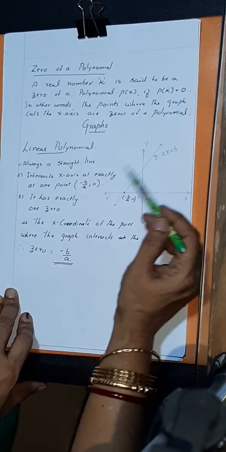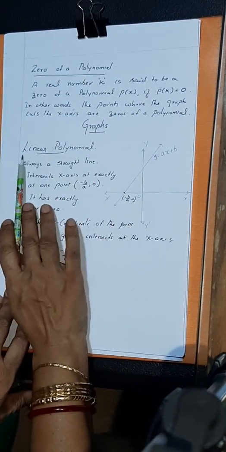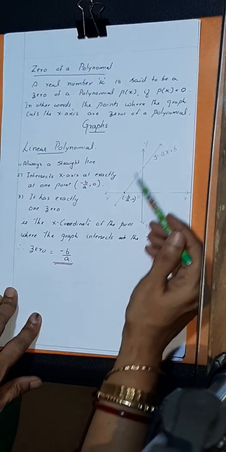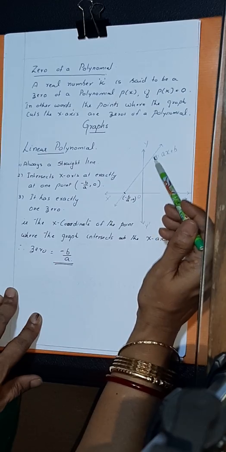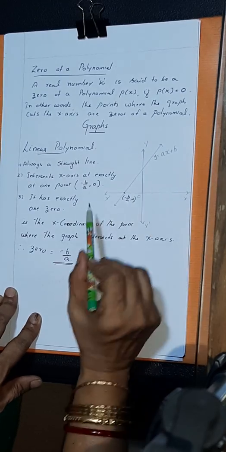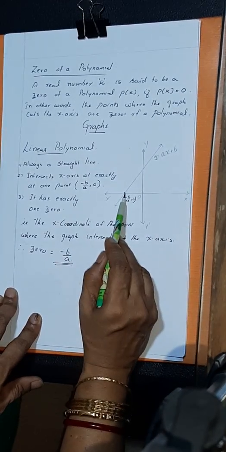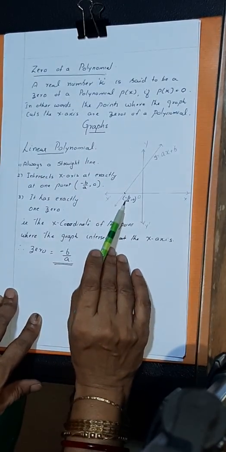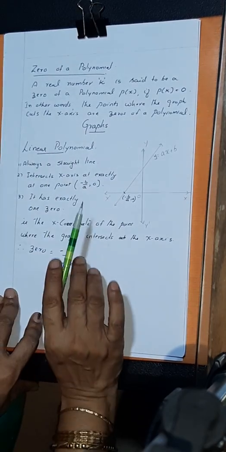Here, this is a linear polynomial, and a linear polynomial will always be a straight line. Here this line cuts the x-axis at this point, and the x value of this point will be the zero of this polynomial.